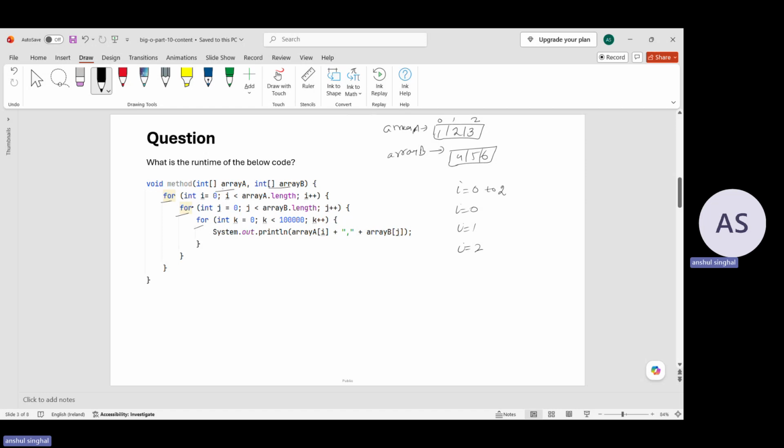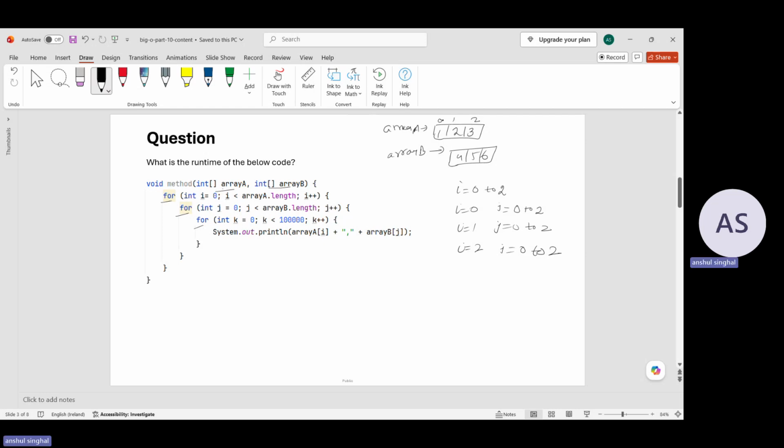Then for each index of the outermost loop, I go to the second for loop, from j equal to 0 till the entire length of array B. So for i equal to 0, j goes from 0 to 2. In this case as well 0 to 2, and in this case as well 0 to 2.